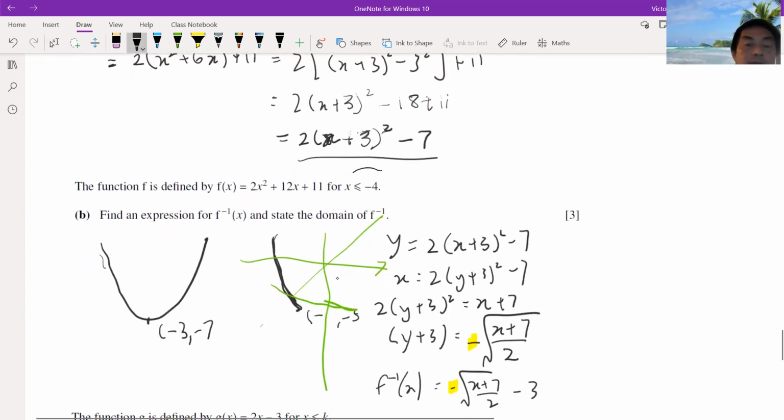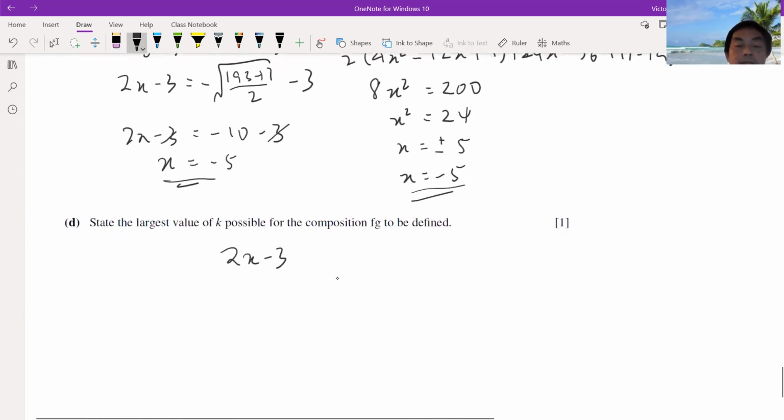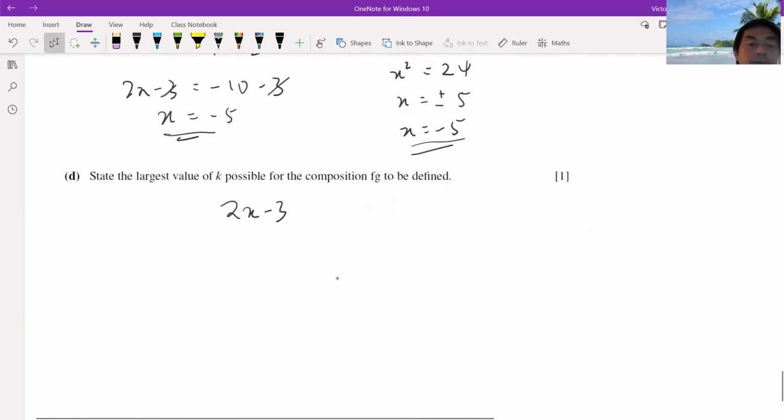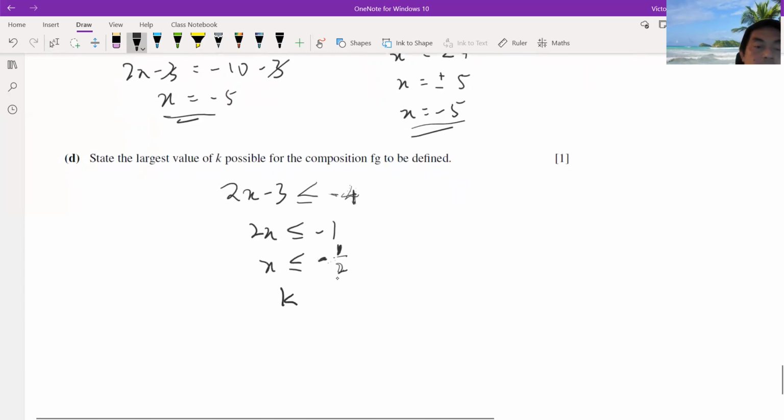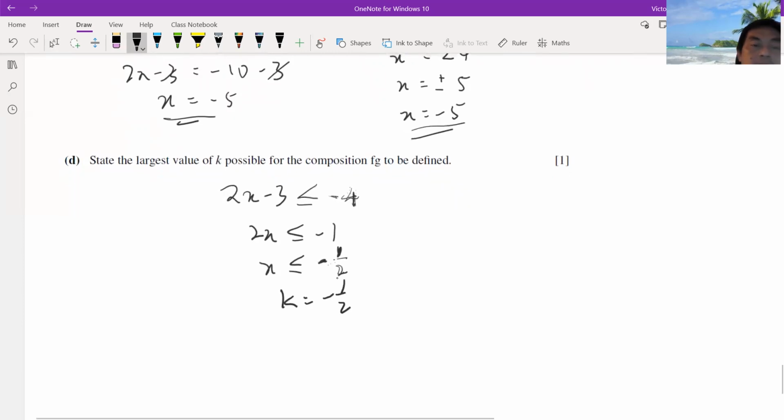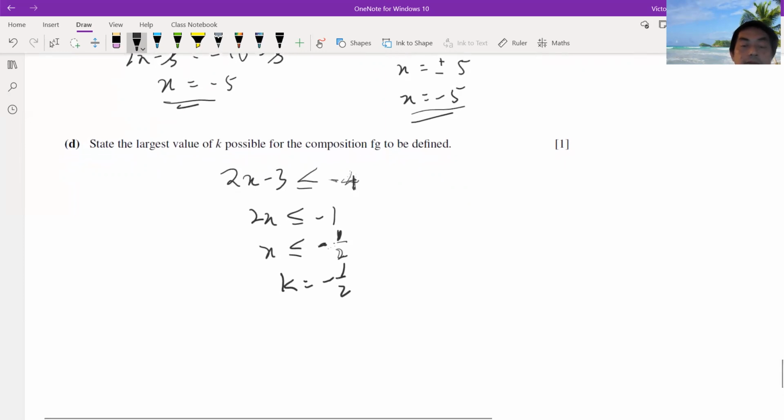And the domain of f is x smaller than or equal to -4. So the range must be smaller than or equal to -4. So 2x smaller than or equal to -1, x smaller than or equal to -half. So k equals -half. That is the largest value.